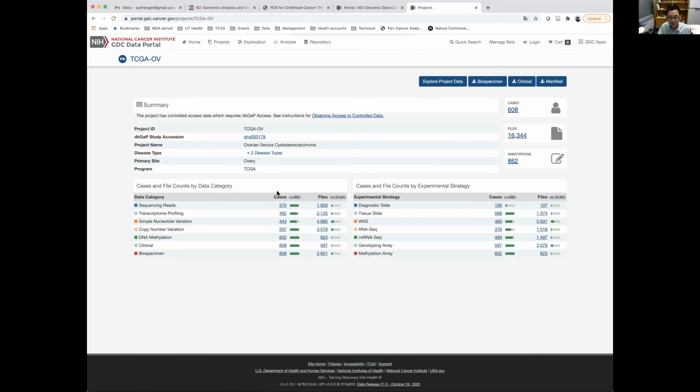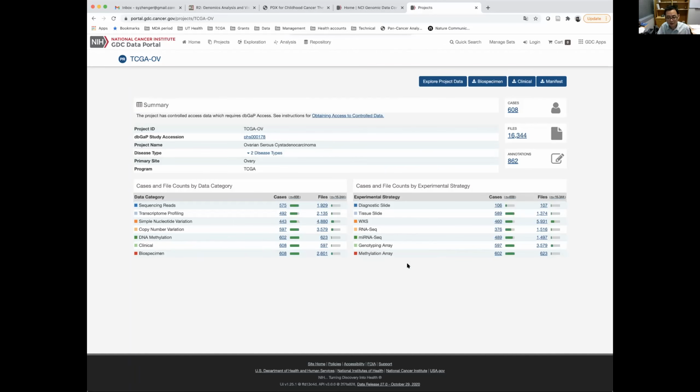Let's say I am interested in downloading a few BAM files. Under this data summary page, you have different types of data, like sequencing reads, copy numbers, DNA methylation and so on.